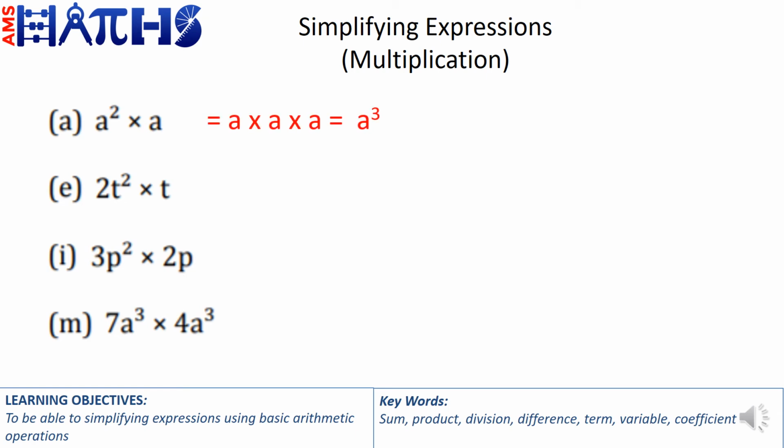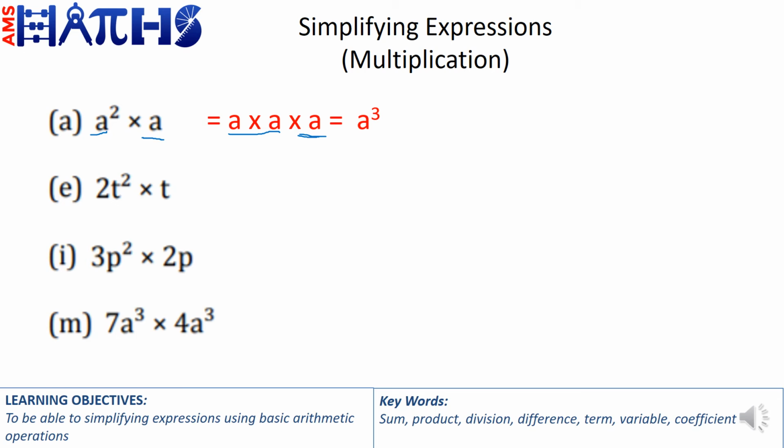For the first example, our a squared is represented by a times a. Then our final a is added to the end of that. Now we have 3 a's being multiplied, so we have a being multiplied by itself 3 times, and that would mean we are cubing a. So a times a times a is a cubed.